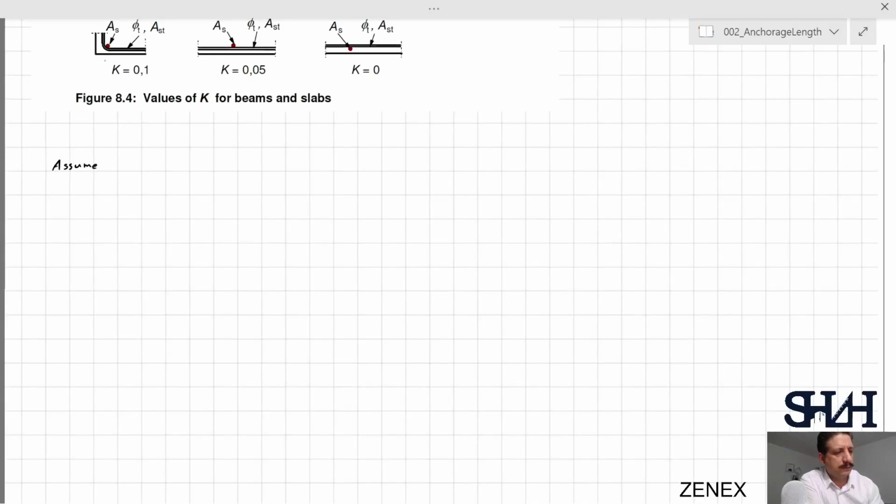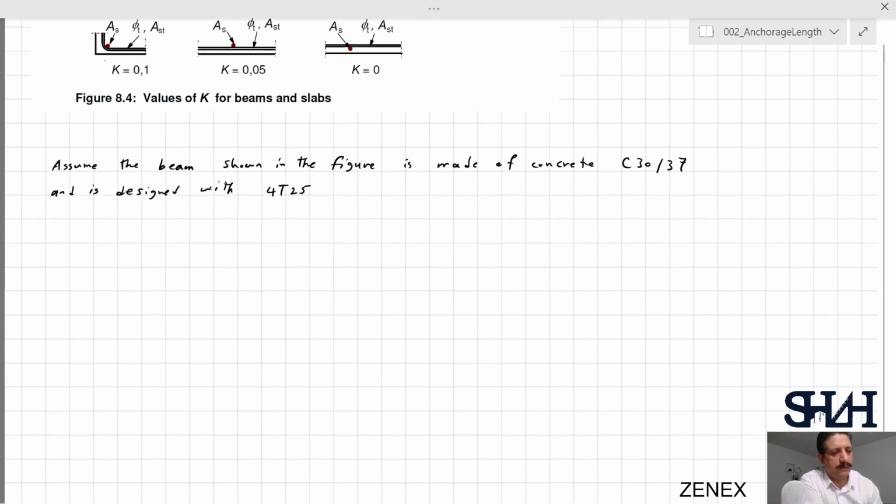Assume the beam shown in the figure is made of concrete C30/37 and is designed with 4Ø25.